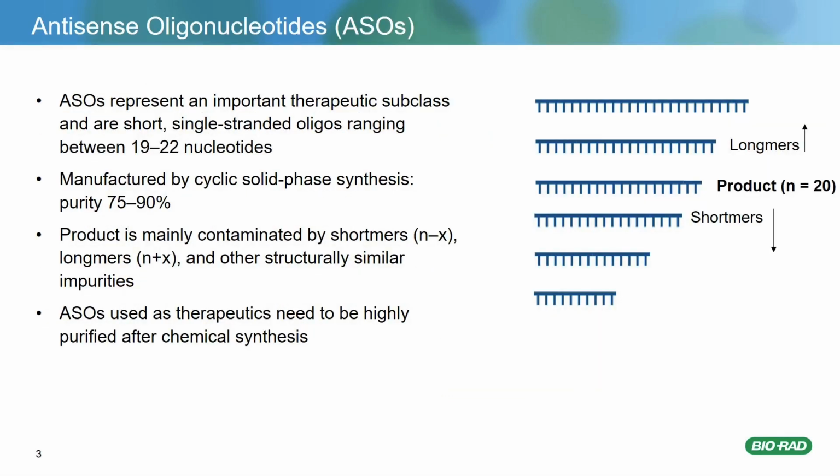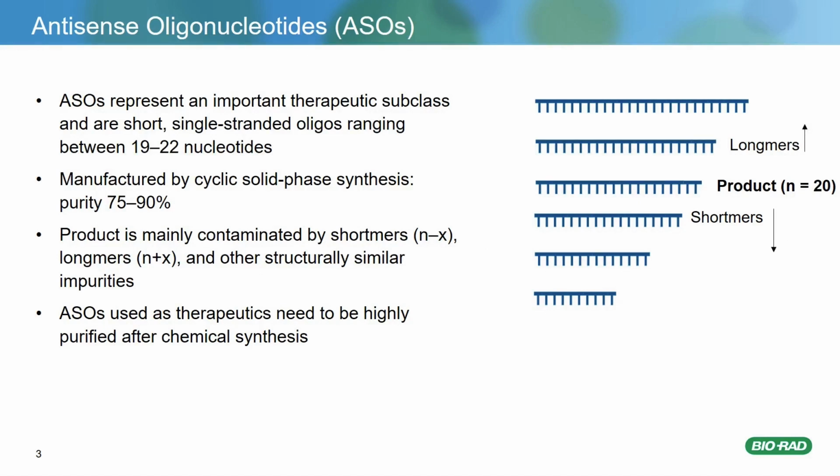My talk is going to be focusing on antisense oligonucleotides, or ASOs. ASOs represent an important therapeutic subclass and are short single-stranded oligos ranging from 19 to 22 nucleotides. They are manufactured by a cyclic solid phase synthesis and have a purity of between 75 and 90%.